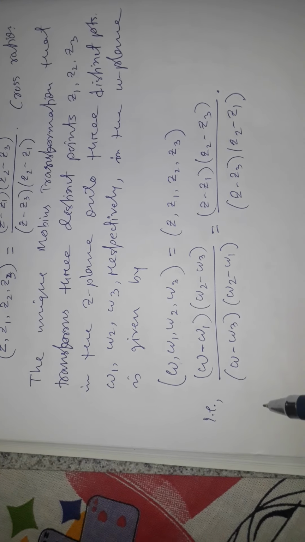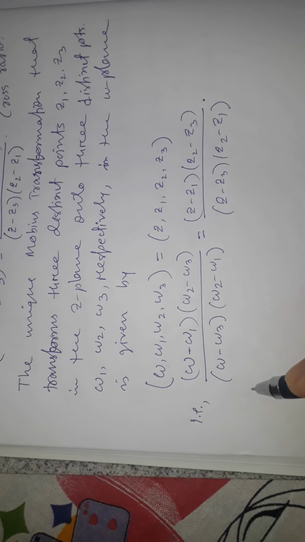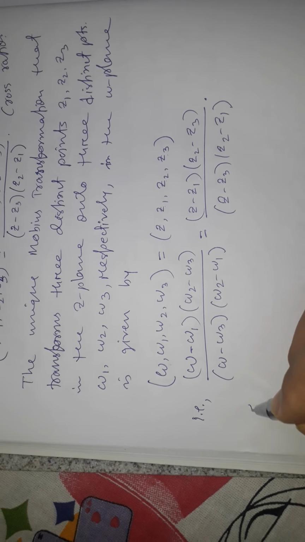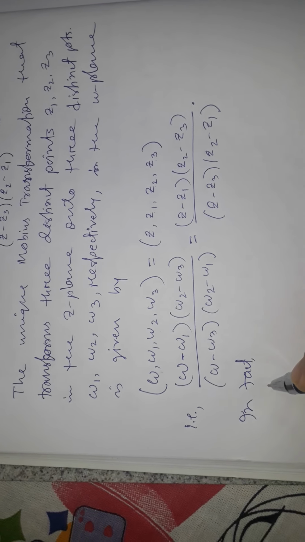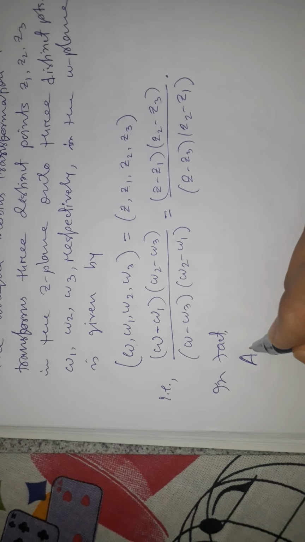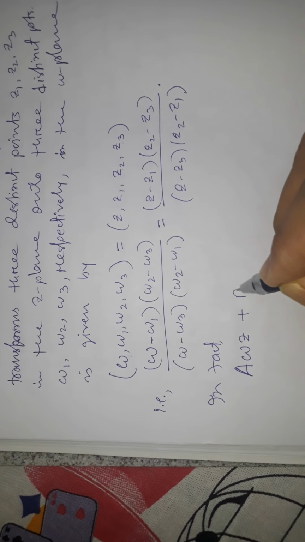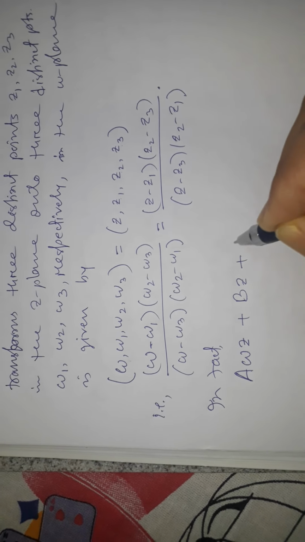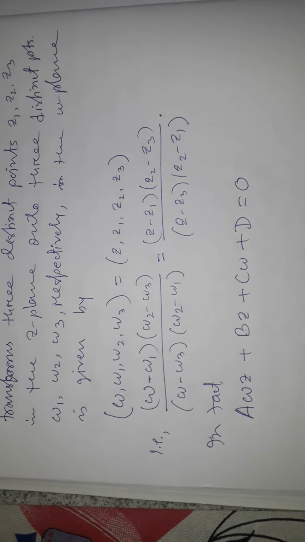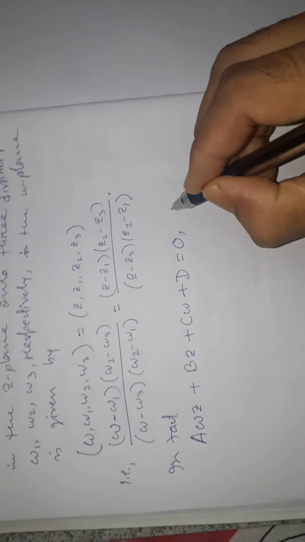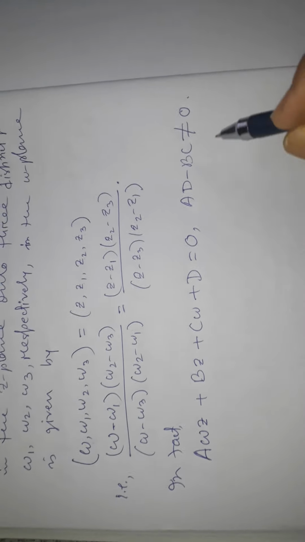First of all you need to show that this is a Mobius transformation. In fact, if I simplify it, you will see that this can be reduced to the form a wz plus b z plus c w plus d equal to 0. And here ad minus bc will not be equal to 0. Why?